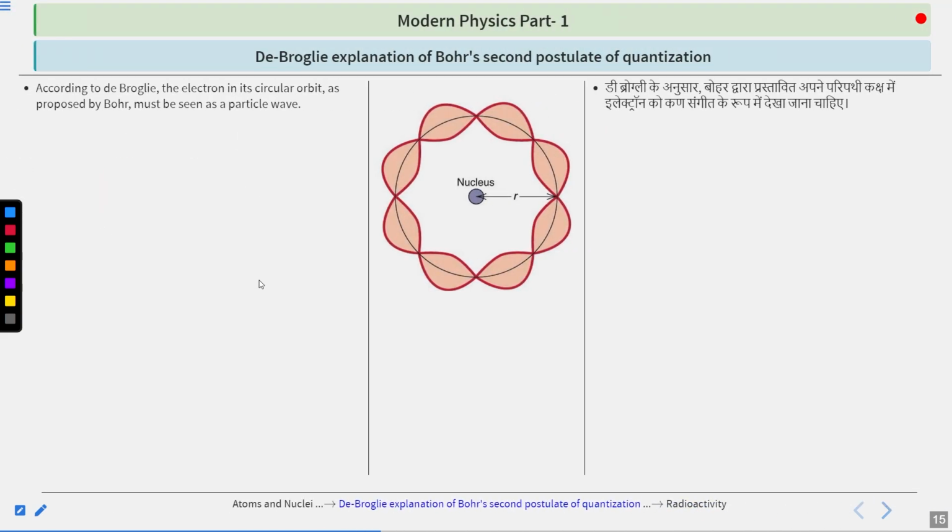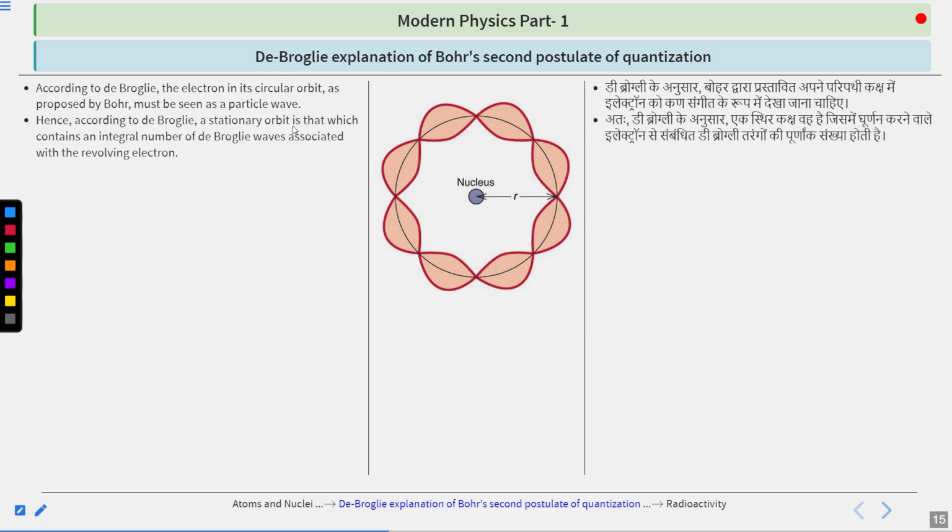Now, de Broglie's explanation of Bohr's second postulate of quantization. As we know, in the second postulate Bohr discussed quantization, and de Broglie actually gives the explanation for it. According to de Broglie, the electron in its circular orbit, as proposed by Bohr, must be seen as a particle wave.